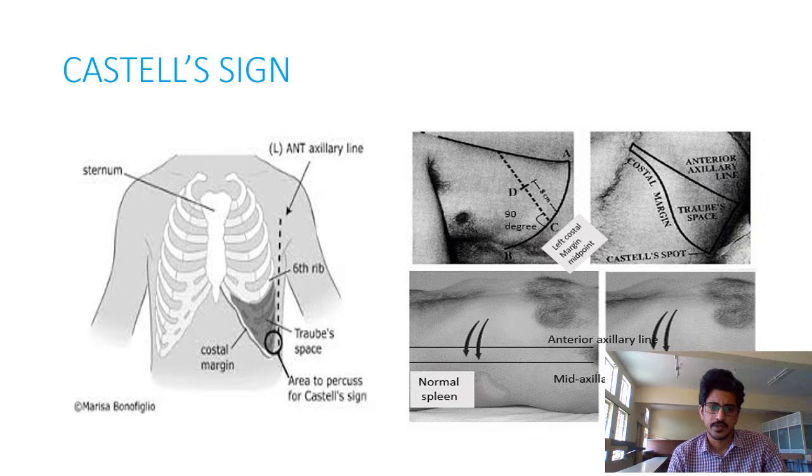The pictures on the right side of the screen show Castell's point, and another is the Nixon method. I am going to explain the Nixon method in the next slide.